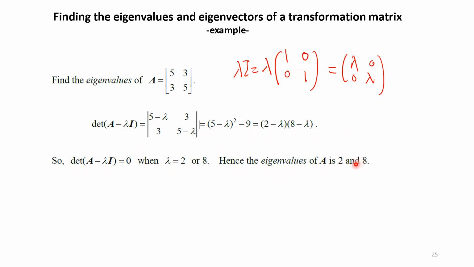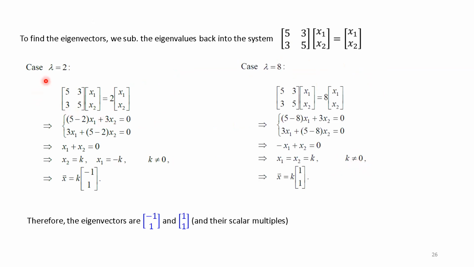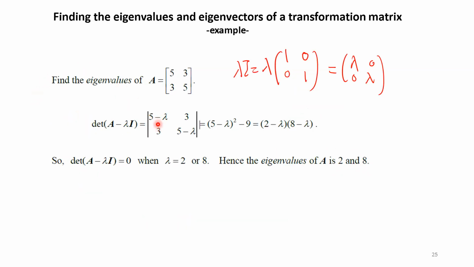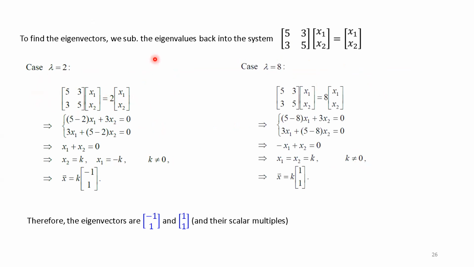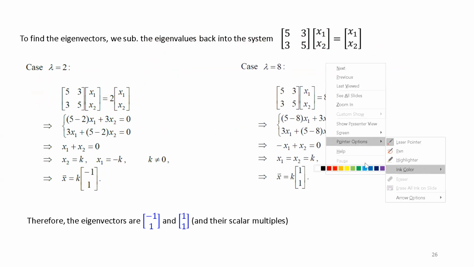After you obtain the eigenvalues, you will substitute them one by one back into the system, and then solve for V. So substitute the eigenvalues back into the system. Here, this x1, x2 is the V vector.